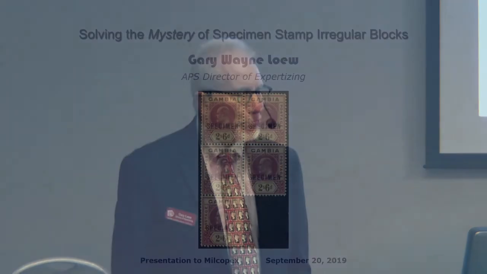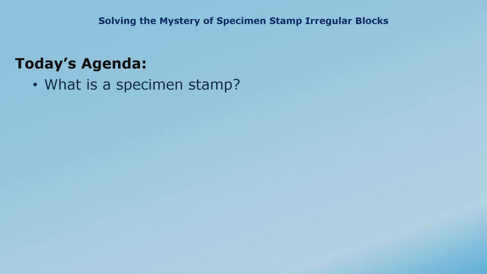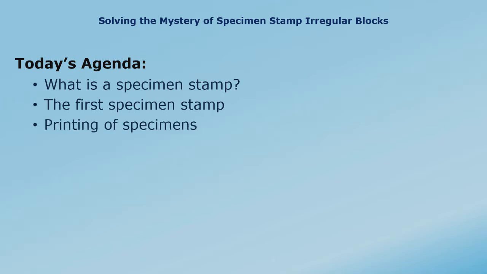But as far as the agenda for this morning, I want to start off with a definition of what a specimen stamp is. And I'll show you a really exciting example of the first specimen stamp. The printing of specimens is a subject that can get very technical. I'll only be doing a brief overview here.